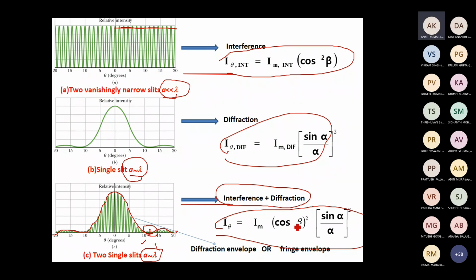You need to take the combined equation. Please note, this is the right equation generally used for evaluating any intensity pattern. As we all know, we can't eliminate diffraction completely, we can only minimize the effect by choosing an appropriate value of a.